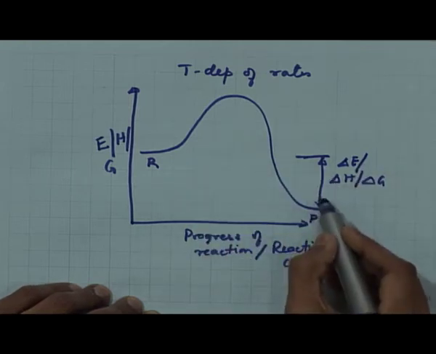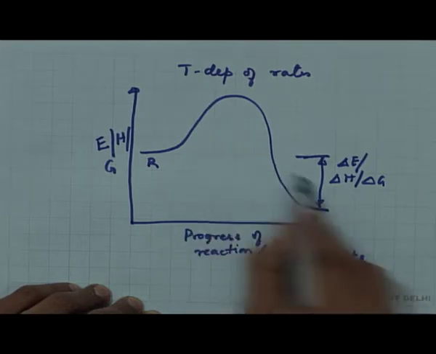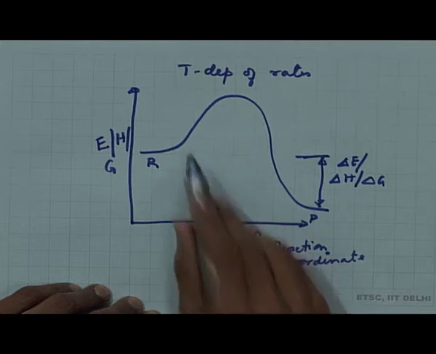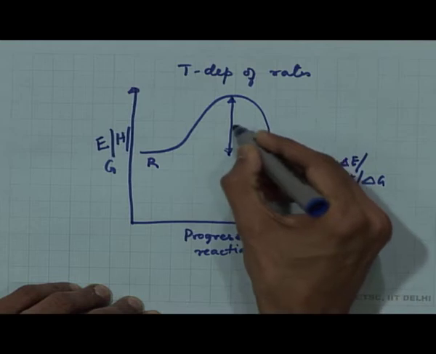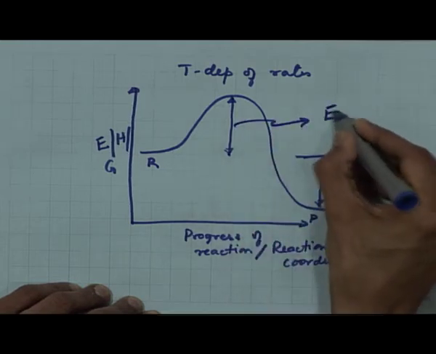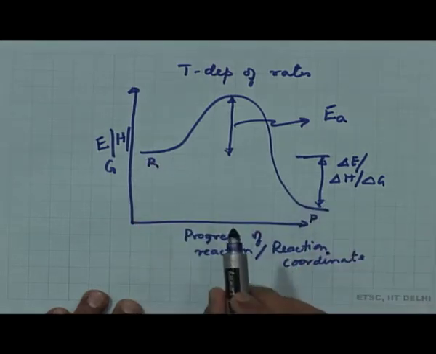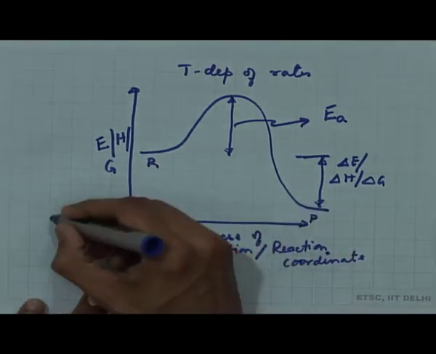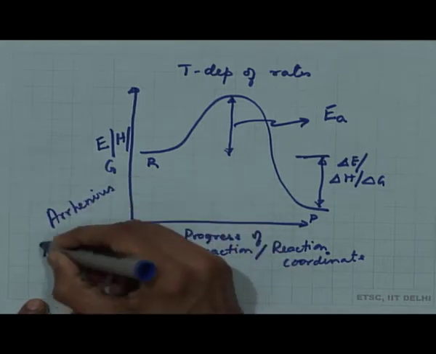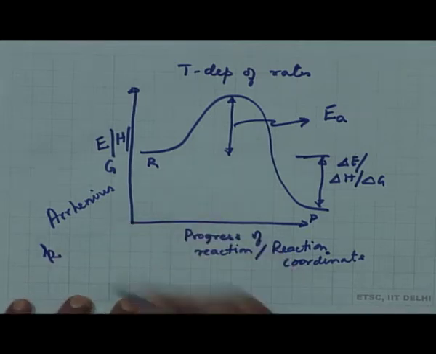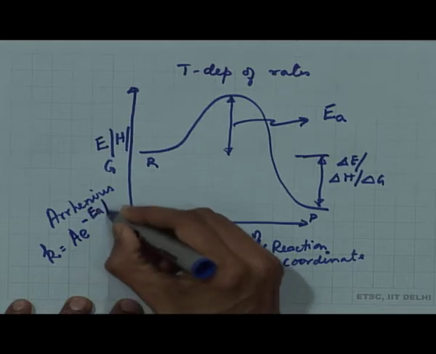So, in this case, as I have drawn it, this reaction is exothermic because the products are lower in energy than the reactants, and this is what is called the energy of activation for this reaction going from the reactant side to the product side. And this is what Arrhenius, we attribute this to Arrhenius, who wrote out this equation that the rate constant for this reaction is given by A e to the minus E A over R T.